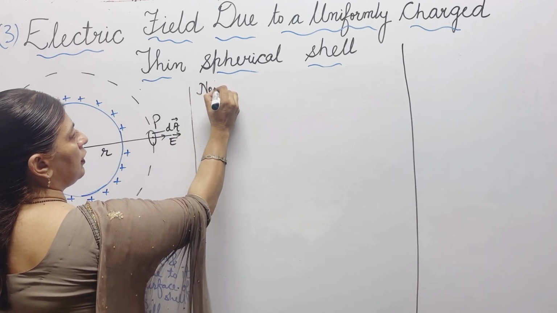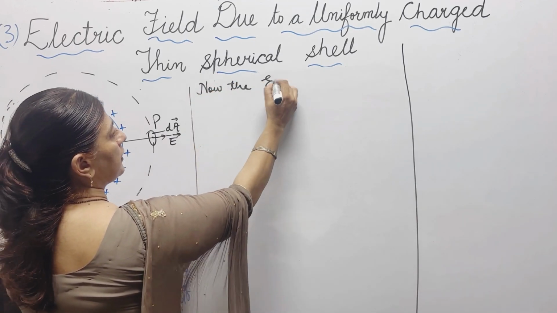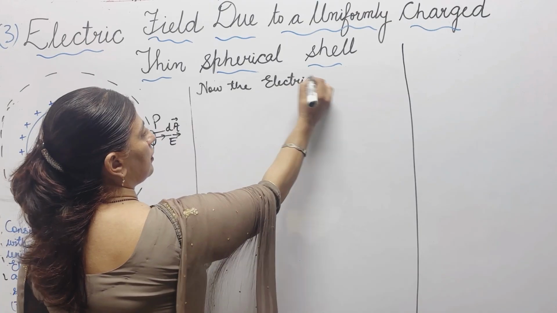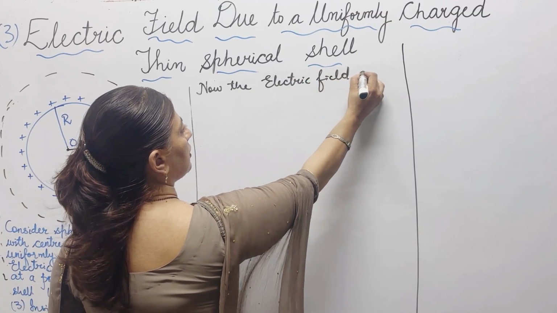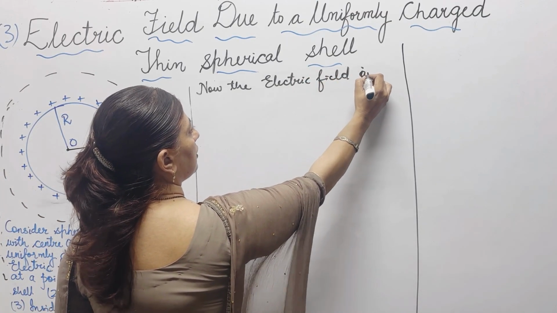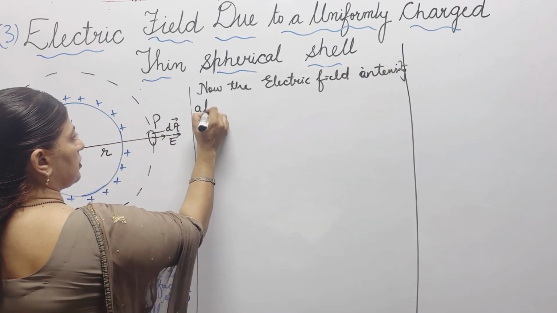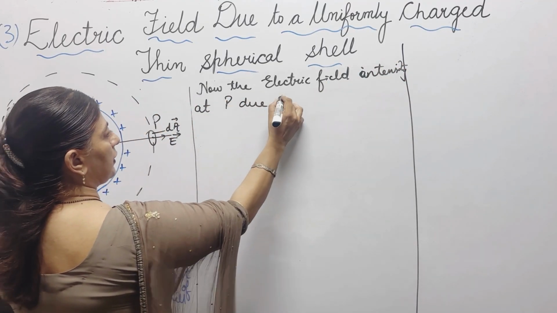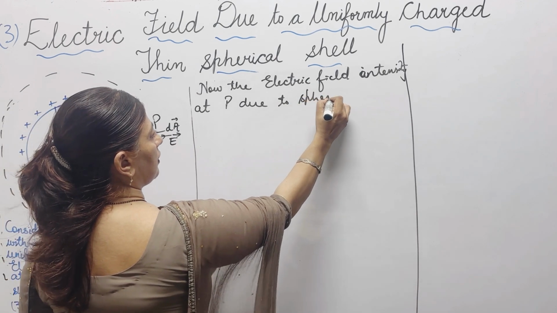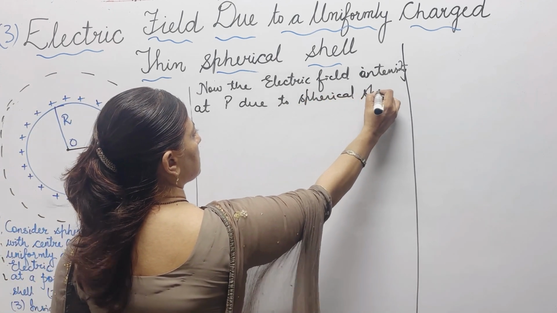Now, the electric field intensity at P point due to spherical shell is E.